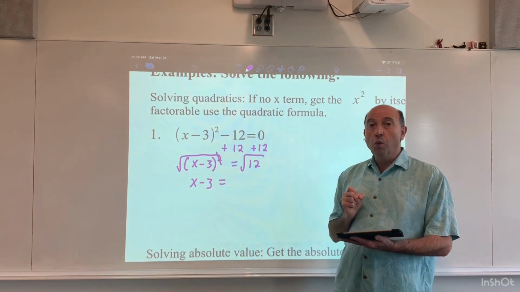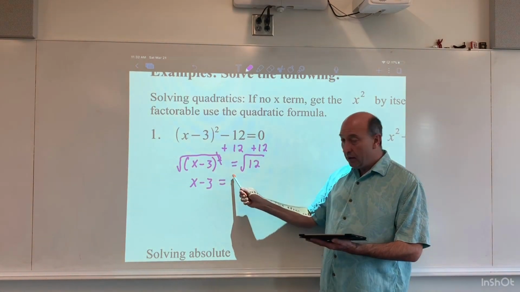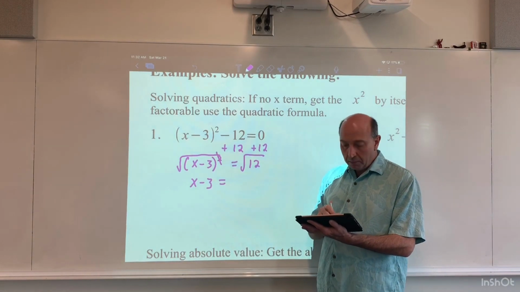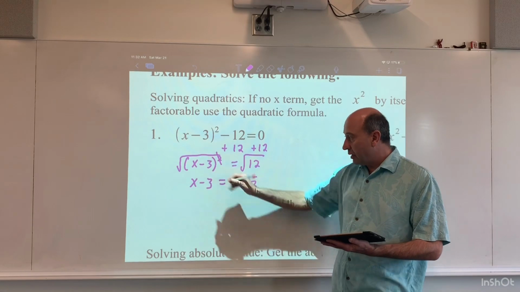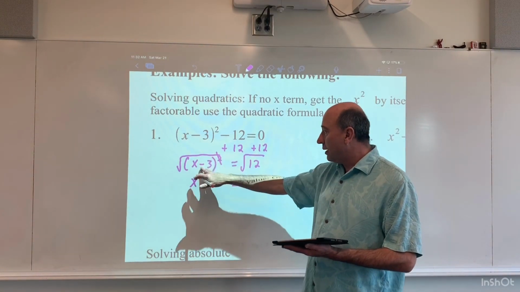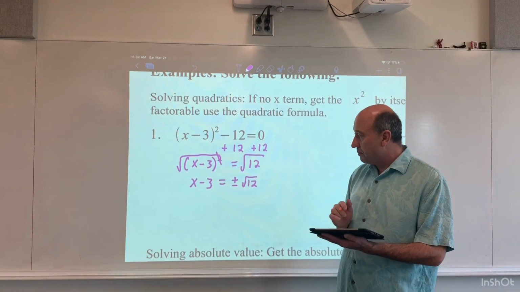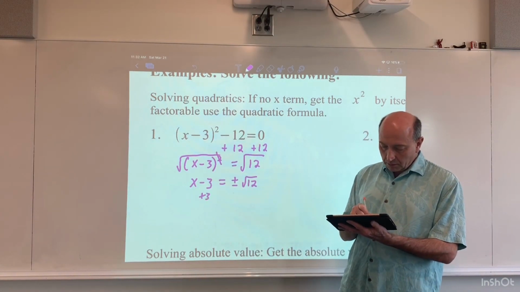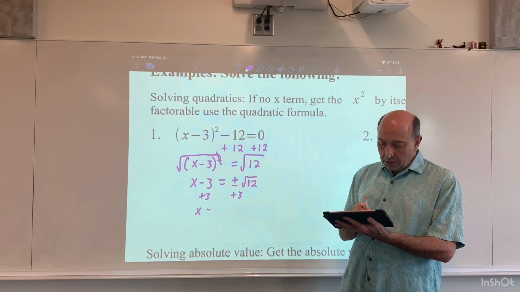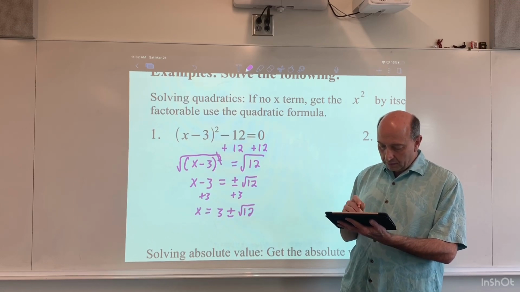Now, one tricky thing about this method is right here. Don't forget your plus or minus the square root of 12. The plus or minus comes from this side. A positive squared and a negative squared, remember, are the same thing. Now we will add 3 to both sides. And we get x equals 3 plus or minus the square root of 12.